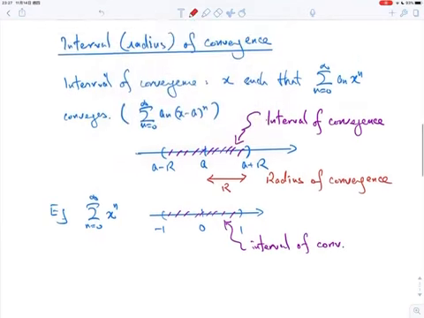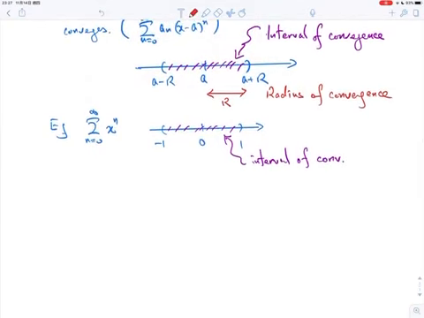And then the width, between 0 and the boundary. So this is 1, this is called the radius of convergence. So the radius of convergence is 1, the interval of convergence is between minus 1 and 1.